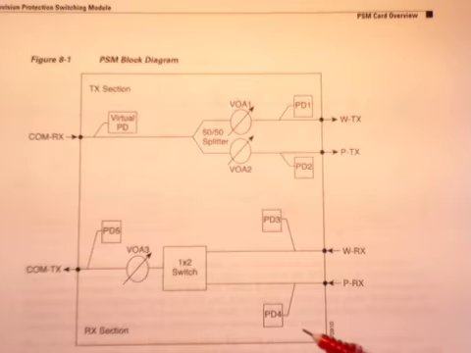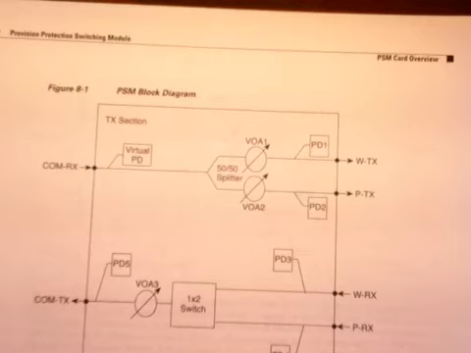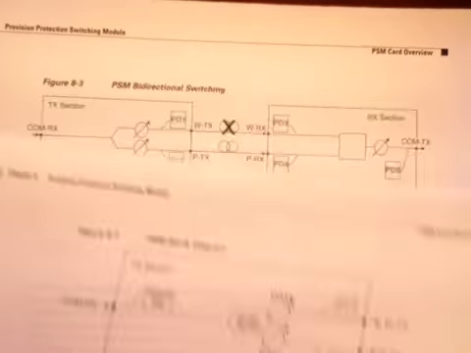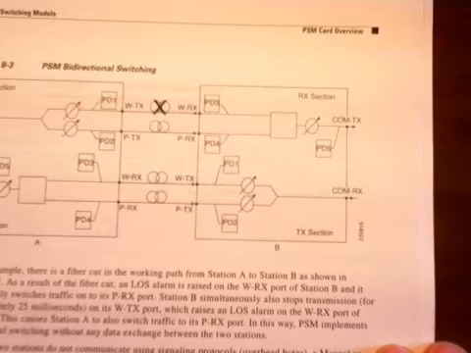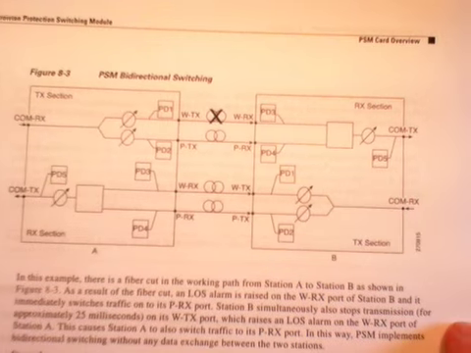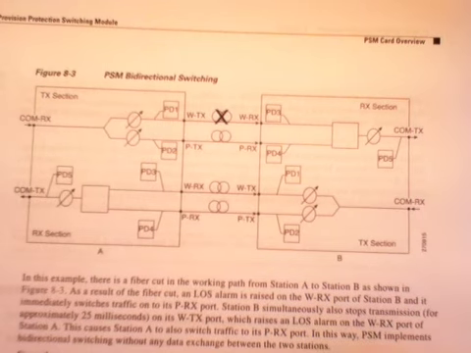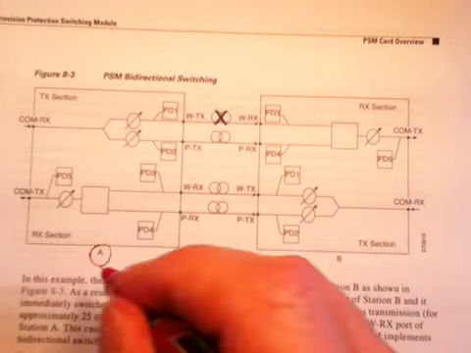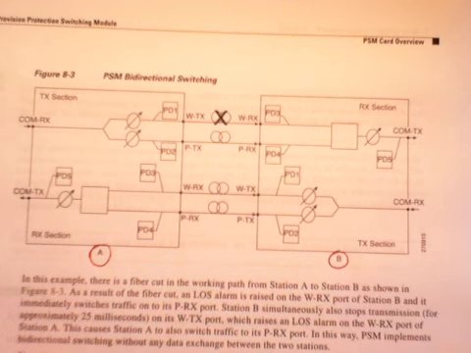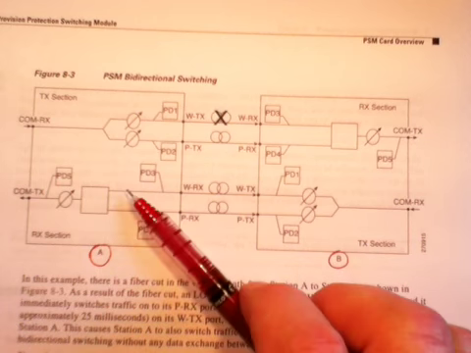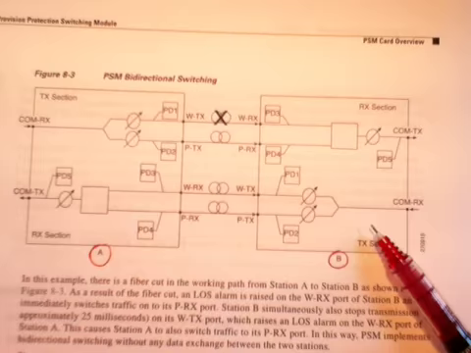These cards work in pairs to create a protection switched line. And this next page, 8-5, really shows that quite nicely. Basically we have nodes A and B, and at node A we have a PSM card, and at node B we have a PSM card.